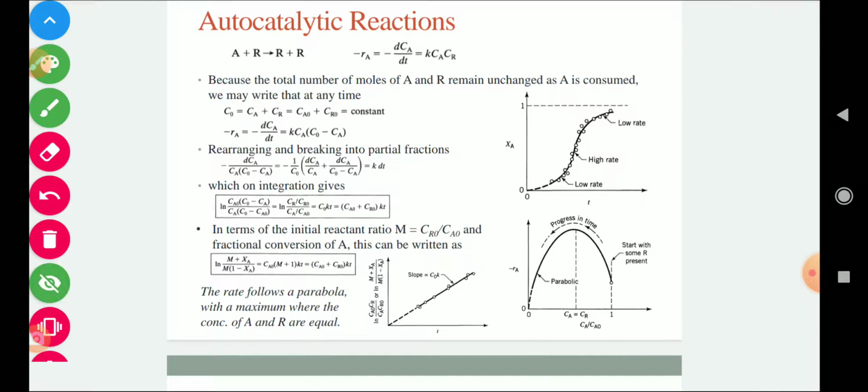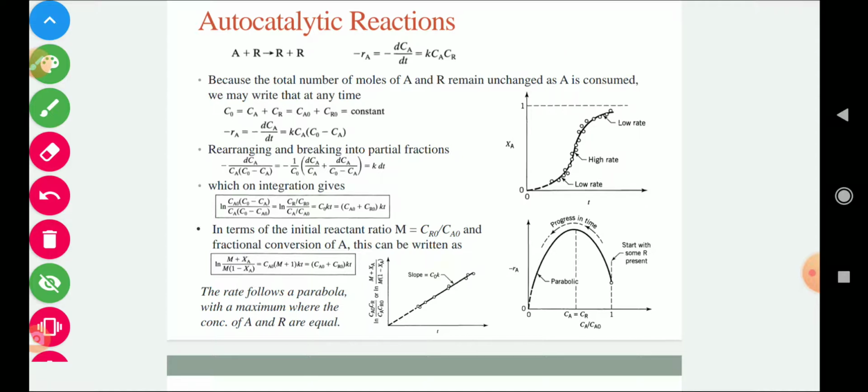So A again attaches with the product R to form more R. It means to initiate such reactions there should be some amount of product already present with the reactant, because product attaches with the reactant to form more product. So the rate expression for such a type of reaction is minus Ra equal to minus dCA by dt equal to k into Ca into Cr.